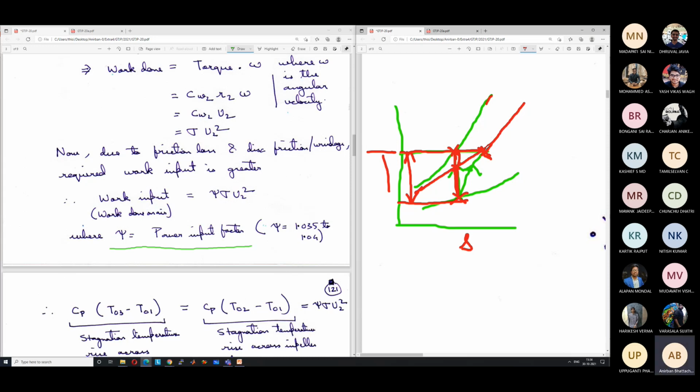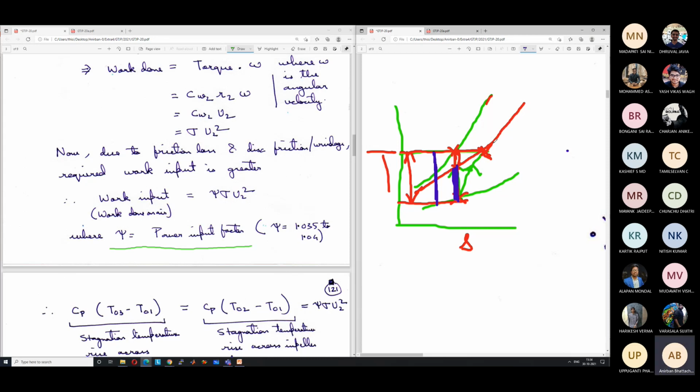How do we define the compressor efficiency? We have already done this many times, right? We define the compressor efficiency as this work input by this work input, this divided by this. So ideal delta T by actual delta T, for the same pressure ratio.